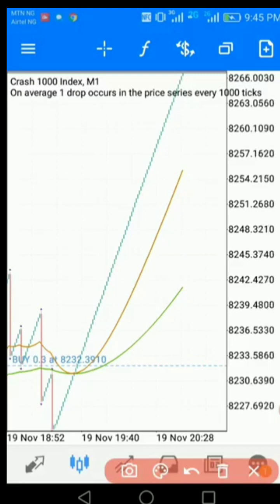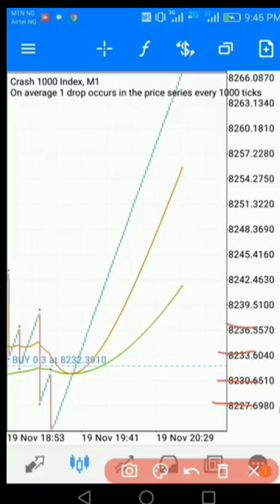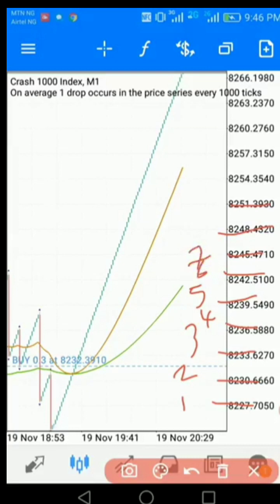This is crash. The crossing has to be between 1 and the 8 calibrations. Look at the calibrations here. The crossing has to be between 1 and 8. So you count 1, 2, 3, 4, 5, 6, 7, 8.